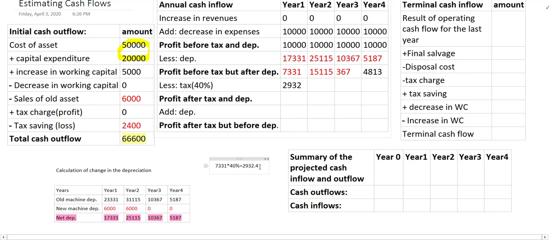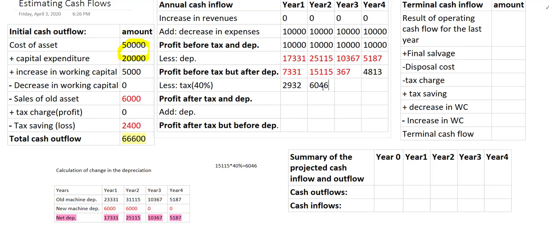Good. For the next one, let us calculate for the next one as well. How much is the loss of the next year that we have to receive back from the government? 15,115, right? This is the amount that we have to receive back from the government for that purpose. So this is the amount, 6,046.